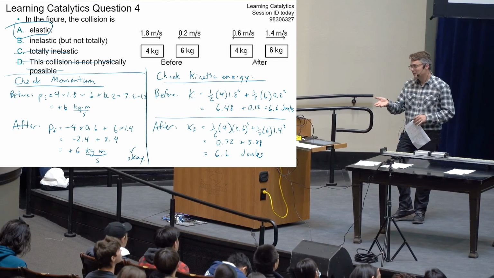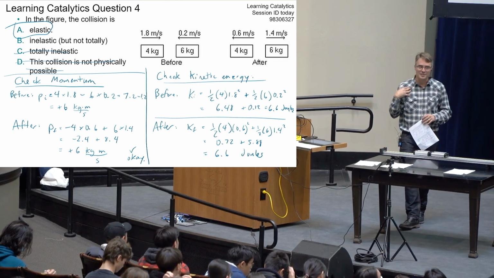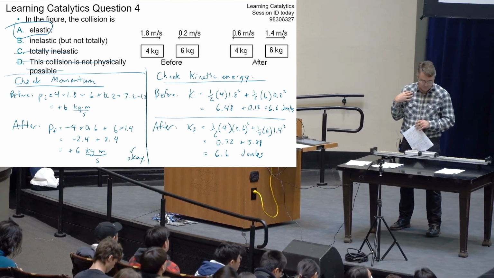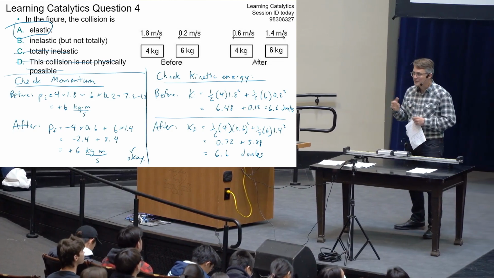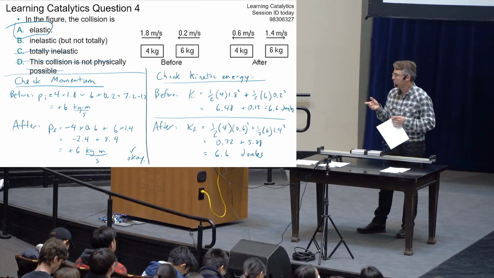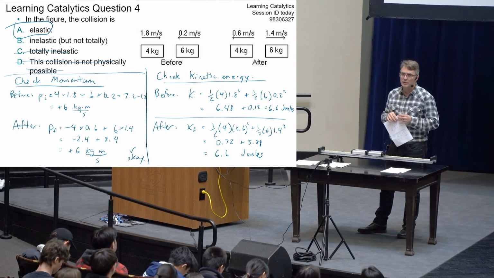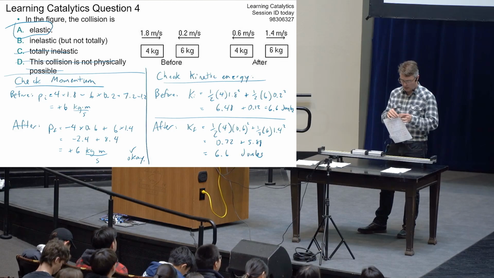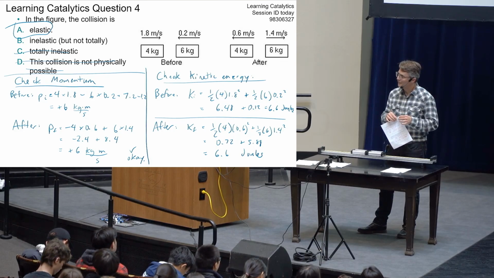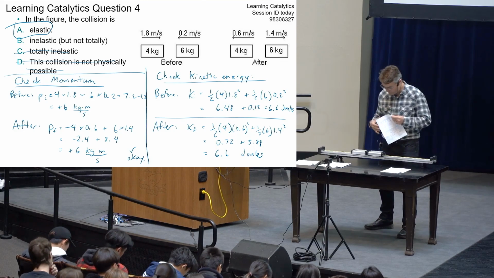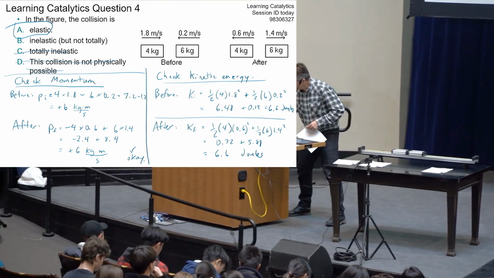I guess with this one, just as personal practice, I like to check that the momentum is the same before and after. But you're right, it's really just the kinetic energy that determines whether it's elastic or inelastic. We're good? These are great questions, so thanks for typing those in. Thanks to Jason. Okay, I want to do another example.